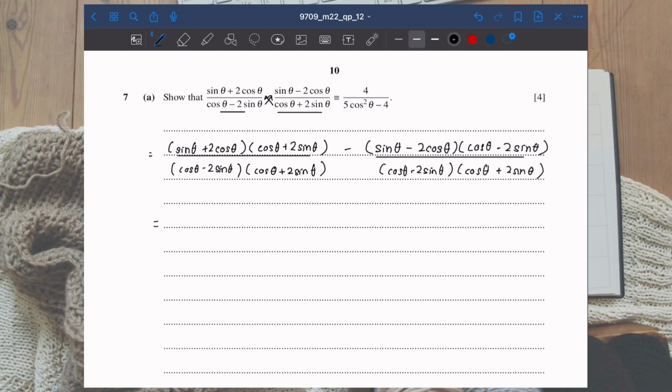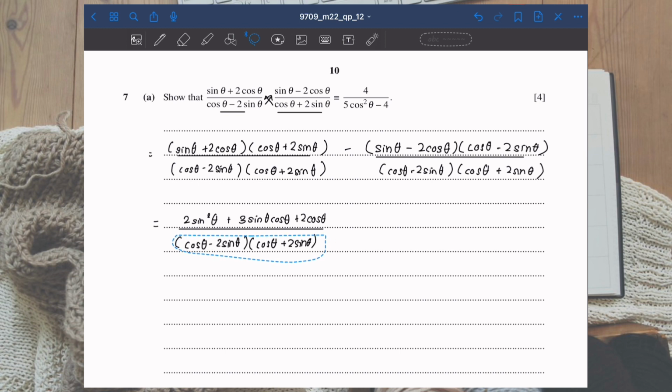So (sin θ + 2 cos θ) multiplied with (cos θ + 2 sin θ), we'll get 2 sin² θ plus 3 sin θ cos θ plus 2 cos² θ, over (cos θ + 2 sin θ)(cos θ + 2 sin θ). I won't be solving the denominator yet to avoid any confusion.